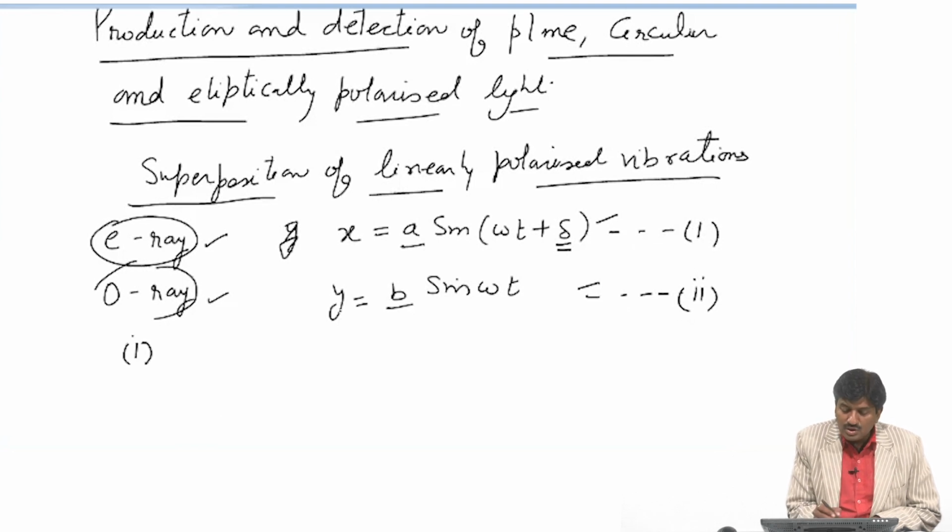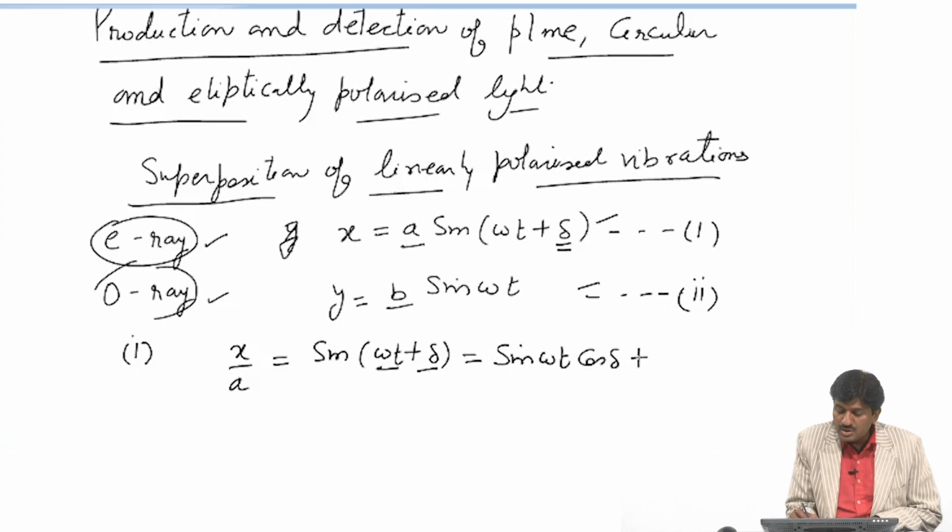We can write x upon a equal to sin(omega t plus delta), which is sin(A plus B). Applying the formula, it becomes sin A cos B plus cos A sin B, that is, sin omega t cos delta plus cos omega t sin delta.